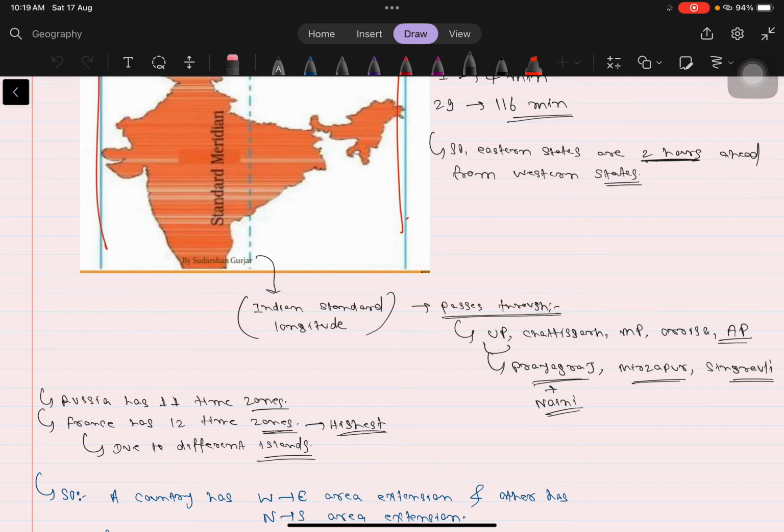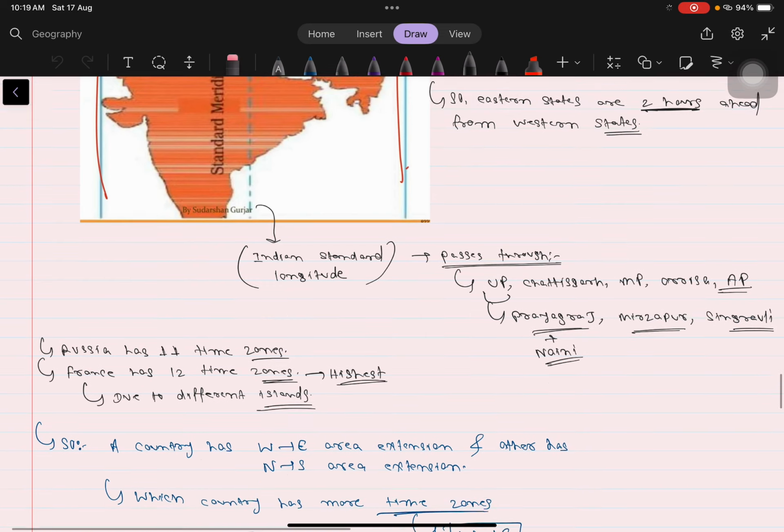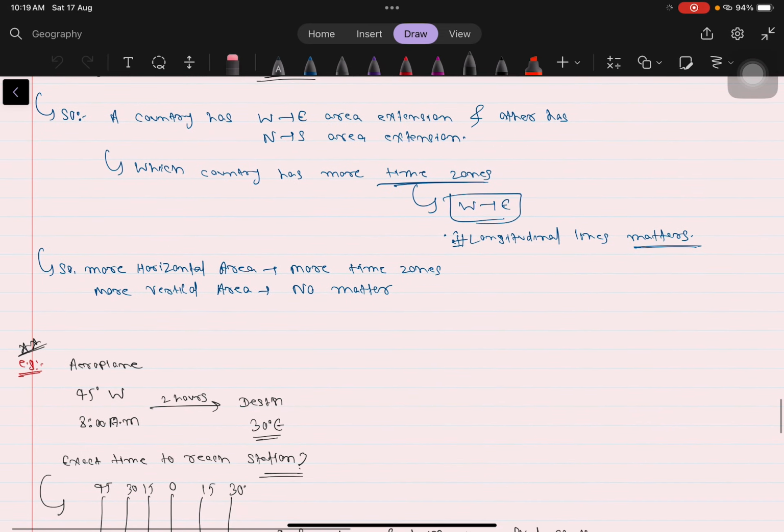Now the number of standard longitudes of a country depends on its area expansion in the horizontal direction, not in the vertical direction, because the more the area expands along the horizontal line, the more longitudinal lines it covers, and this will cause it to take more standard longitudinal lines, so that different parts of the country have different time zones. So this is all about that.